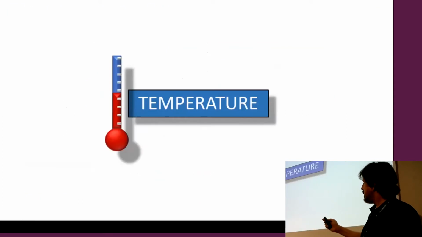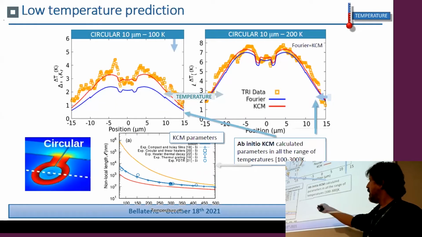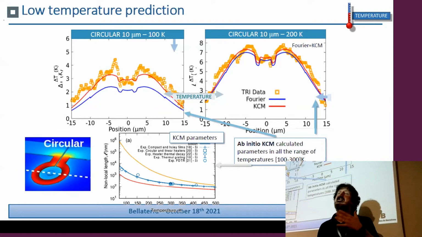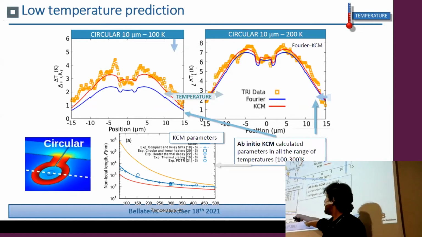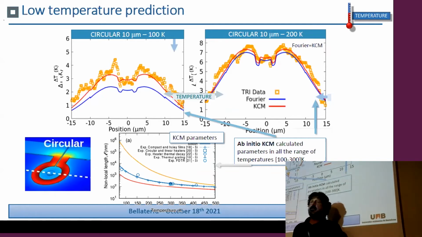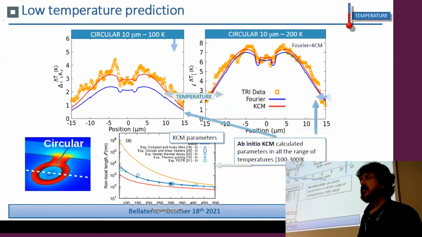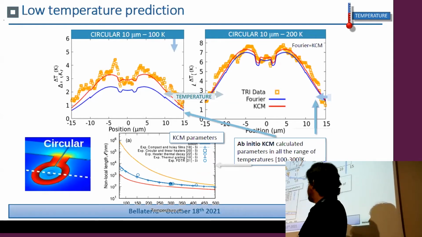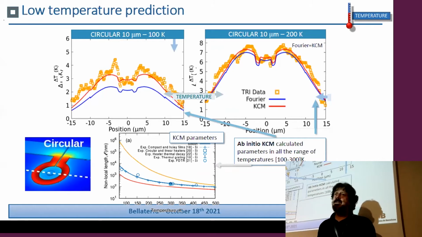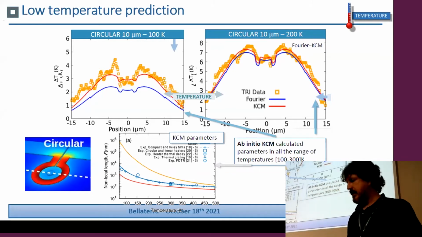On the bottom, you can see the value of the L for the different temperatures, and you can see that the dots and the figures are at the experimental values that we need, and the blue line is the ab initio prediction by our KCM.